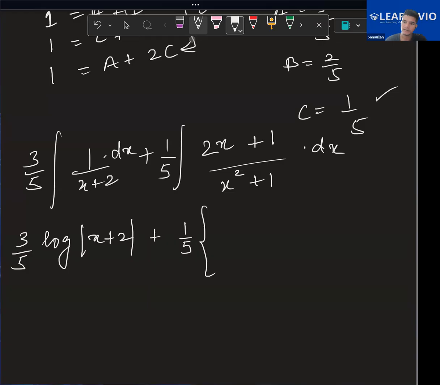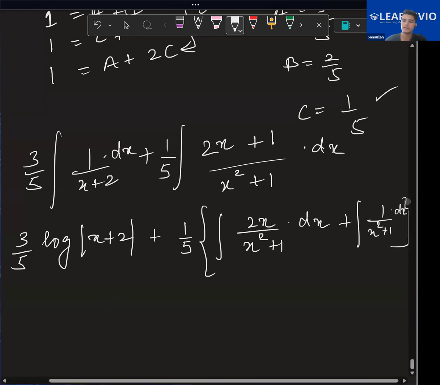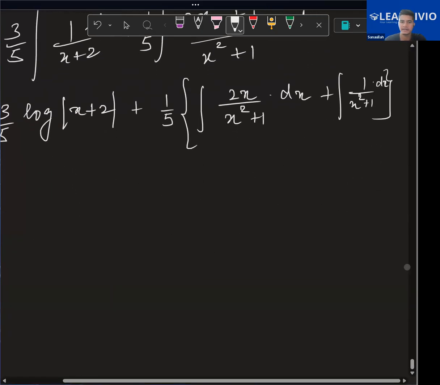So this is integration of 2x upon x square plus 1 dx, plus integration of 1 upon x square plus 1 dx. And plus c, I will write at the last.